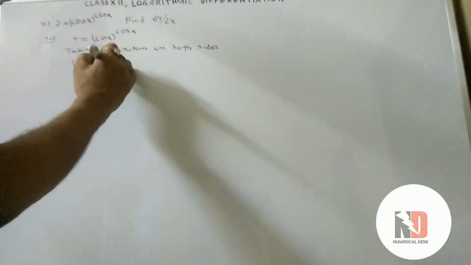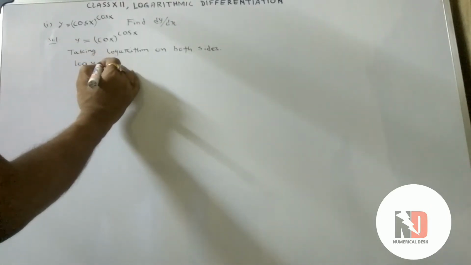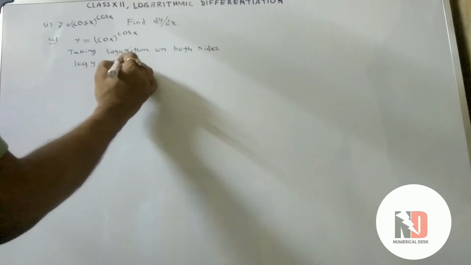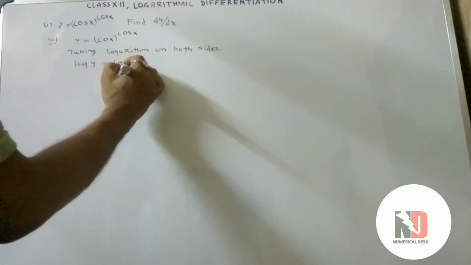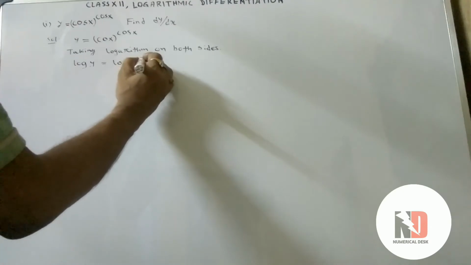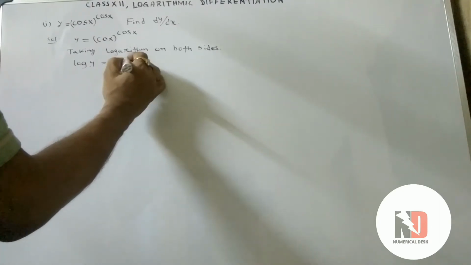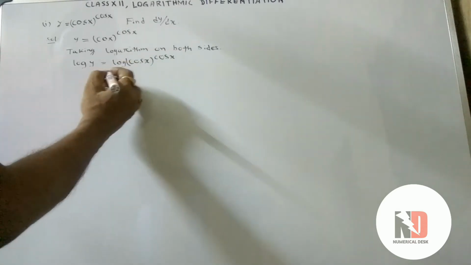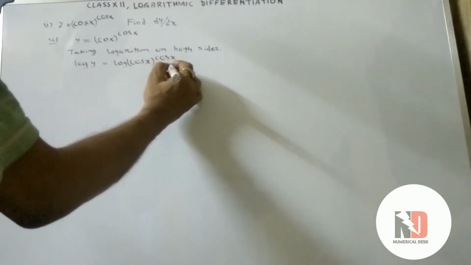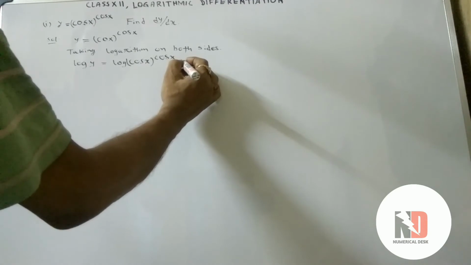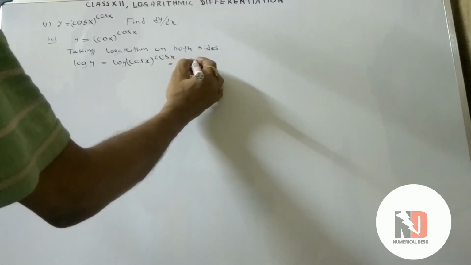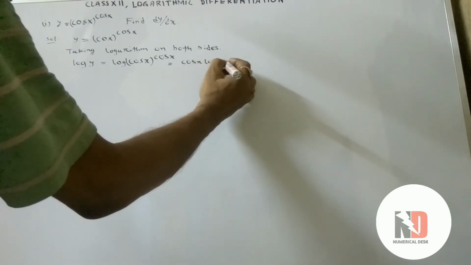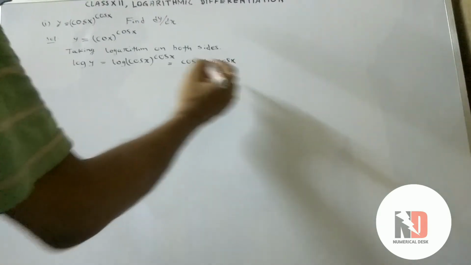Now log y equal to log cos x all to the power cos x, which is equal to, you know, log x to the power n means n is multiplied in the front, so it is cos x log cos x.